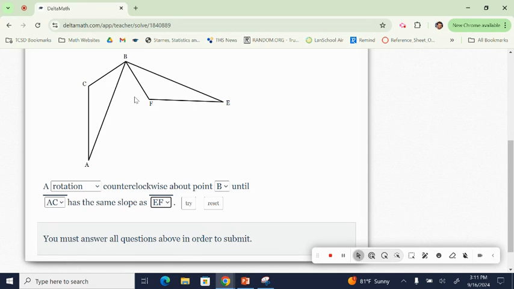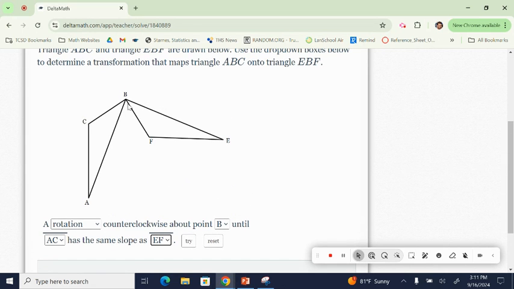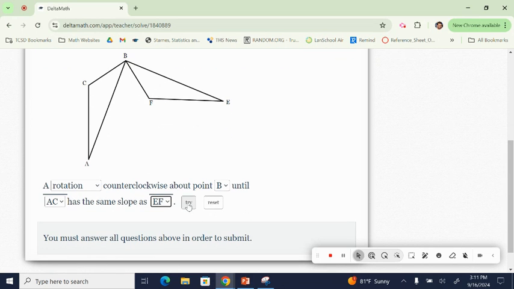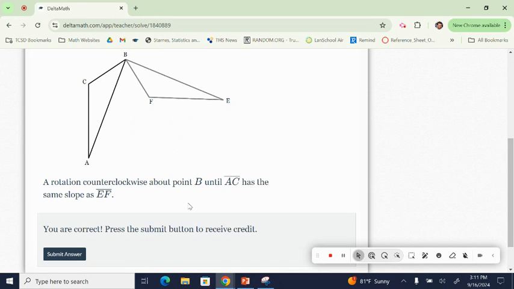And again, it's just because they are corresponding. I could have picked BC and BF. I could have picked BA and BE, right? Corresponding sides. And if I make it go, and we're on top. And that's all they want you to do, is just match the pre-image with the image again.